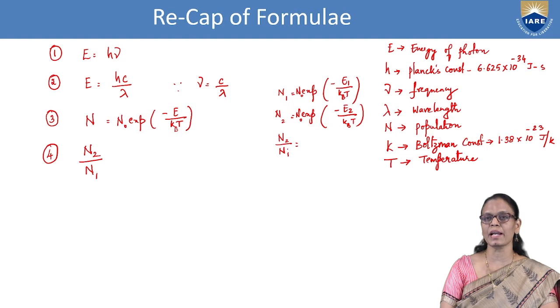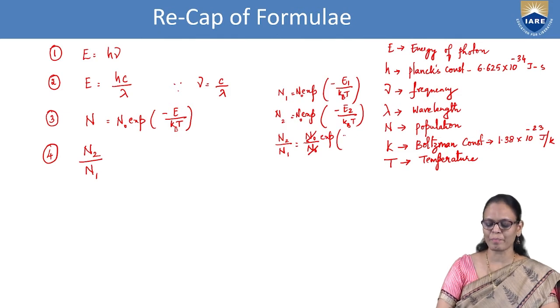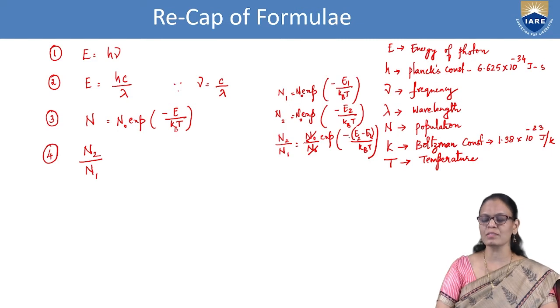When we write N2 by N1, you have N0 exponential. In the denominator also you have N0, which gets cancelled, and this will be minus E2 minus E1 by kBT. So we are taking it as common.